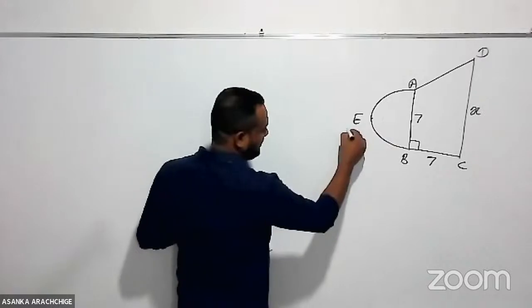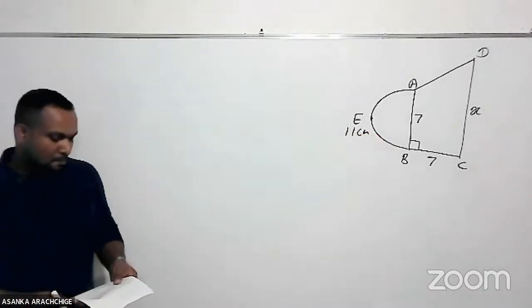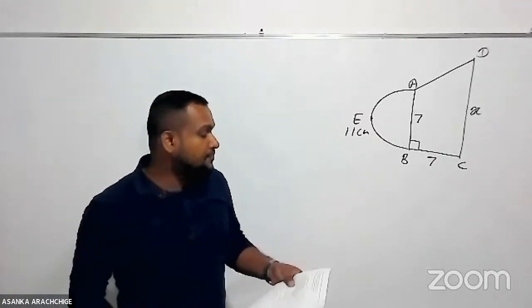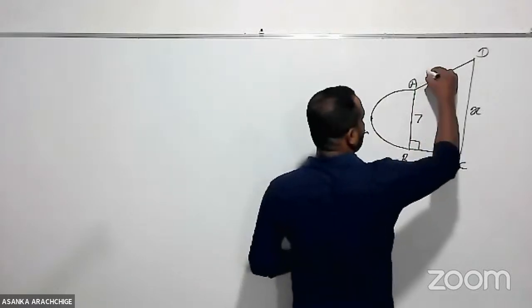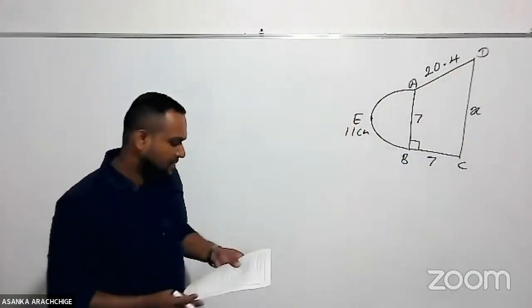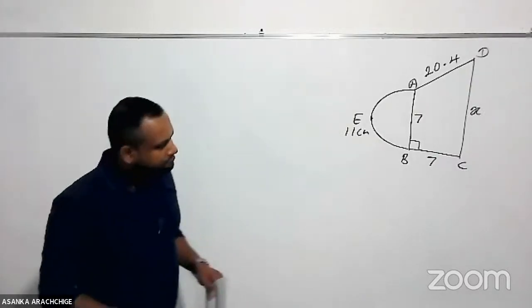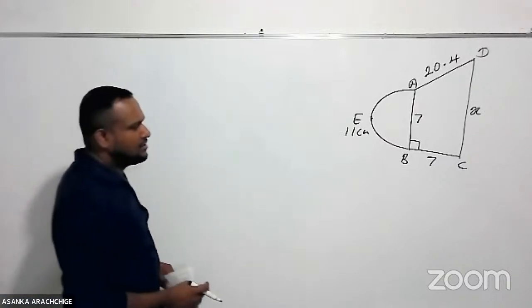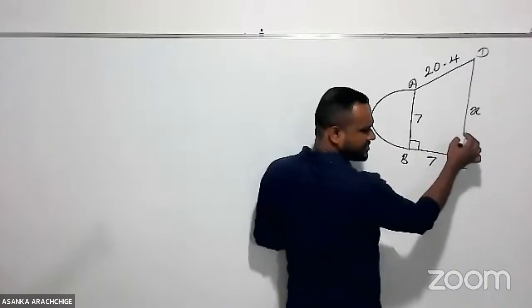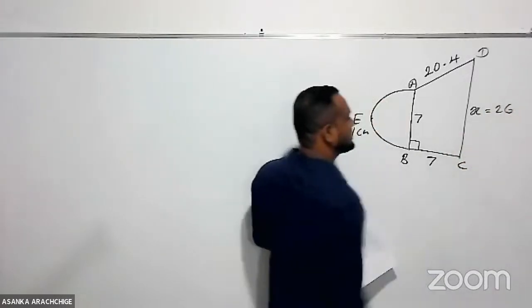This is 11 centimeters, and by taking AD as 20.4 centimeters, find the perimeter of the sign sheet. So what was the length of CD we found? 26.